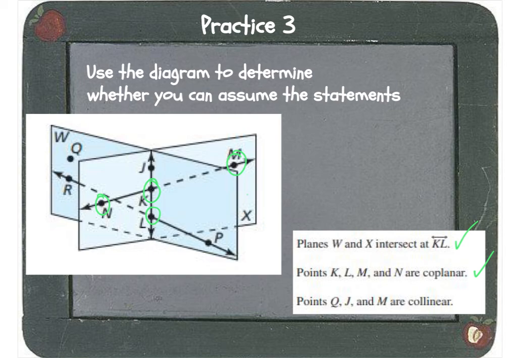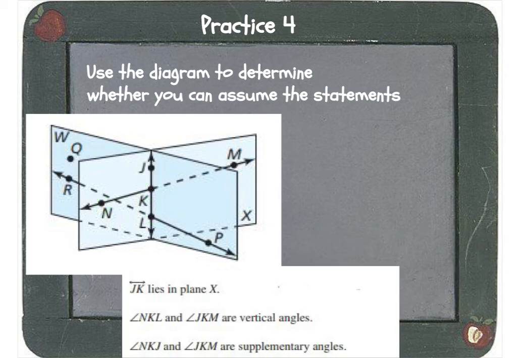They all lie on plane X. The points Q, J, and M are collinear. There is no line that goes through those 3, so we cannot assume that one.